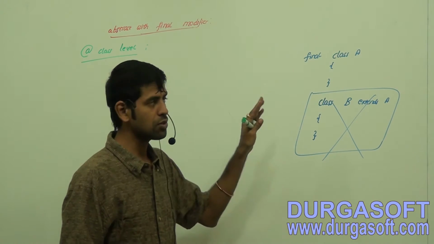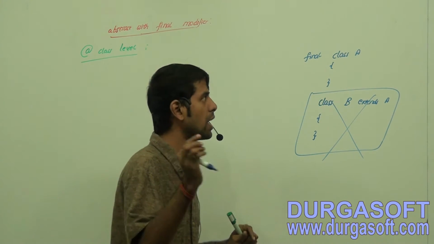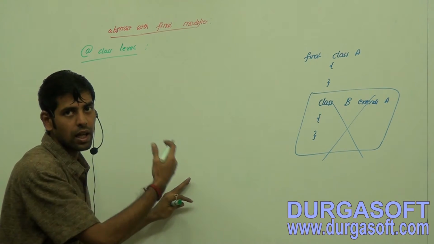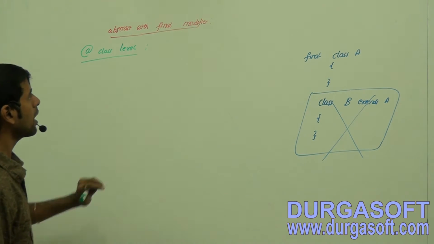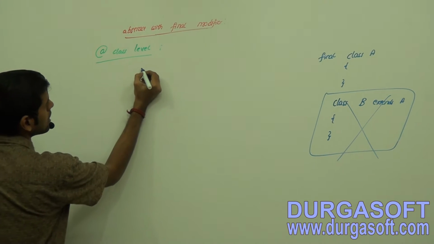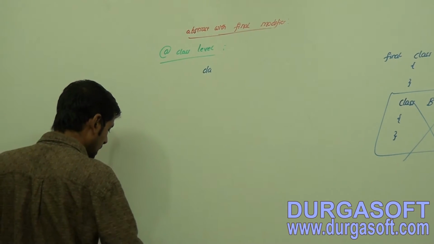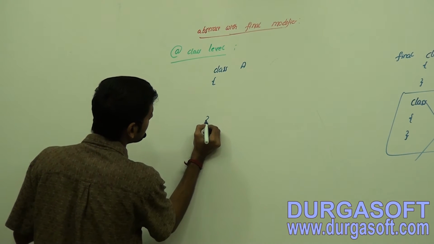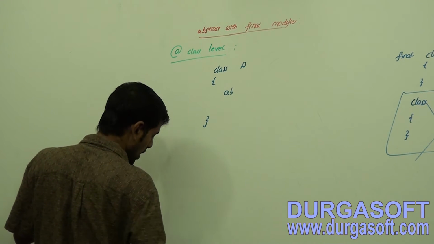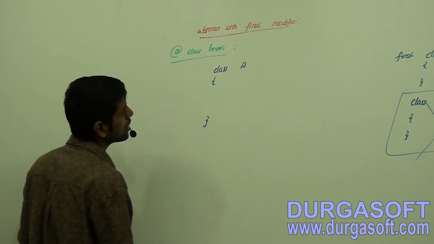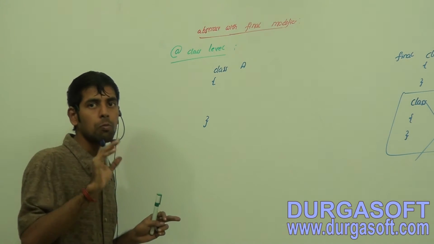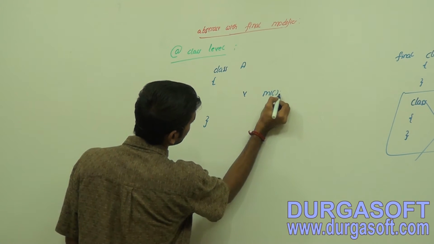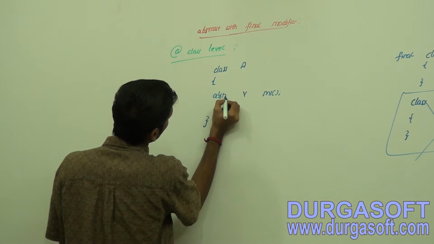Getting it? That is very important. Now I am going to use this knowledge in our concept. If there exists an abstract method, having only a declaration but not implementation, let it be void m1, abstract.